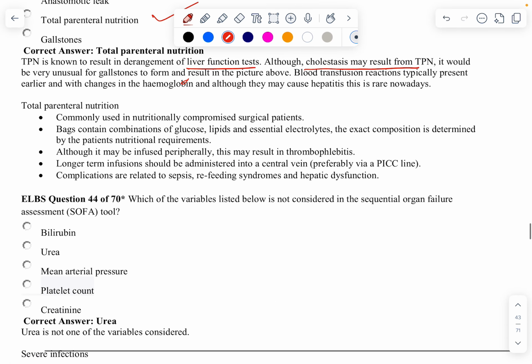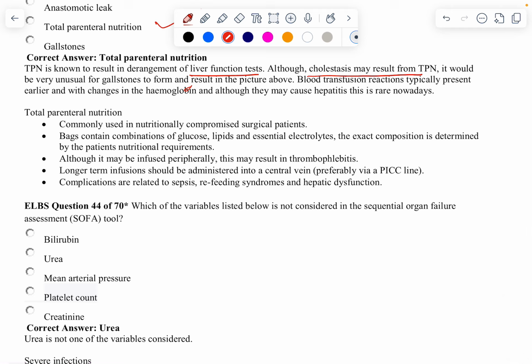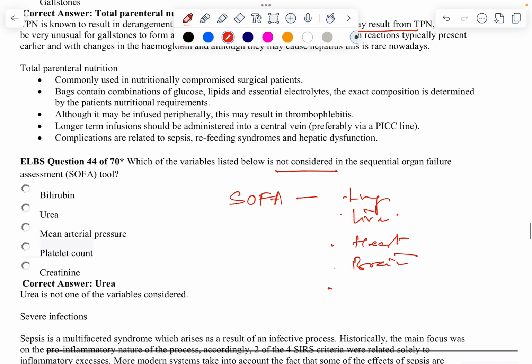Which of the variables is not considered in sequential organ failure, SOFA? SOFA: lungs, liver, heart, brain, blood.